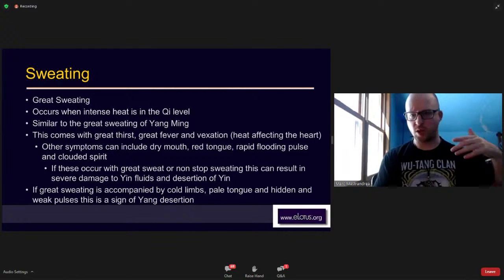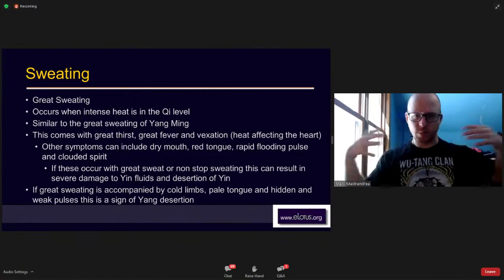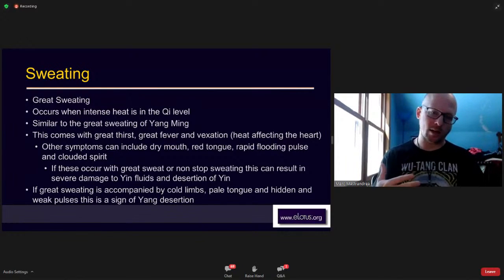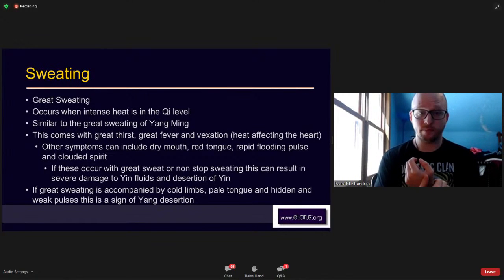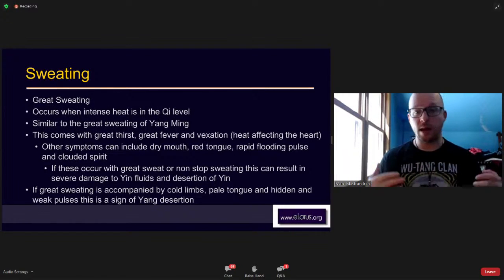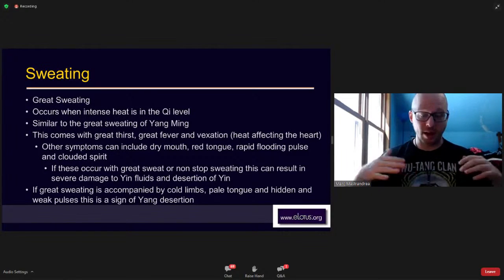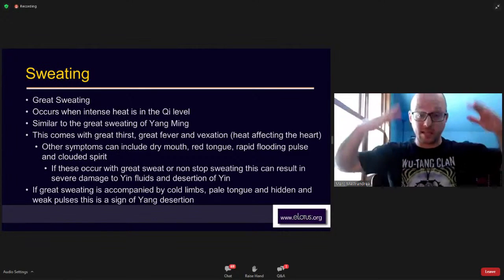With this sweating, is there heat trapped underneath? Probably most of the time that's what you're going to see. But if they've had this for a while and suddenly they turn cold, they're starting to feel cold, the tongue starts to look pale, the pulses become hidden, right, and very weak. Sometimes you'll feel, for a period of time when you're taking those pulses, them floating even though they're hidden and weak. You're actually physically feeling the yang qi leave the body.